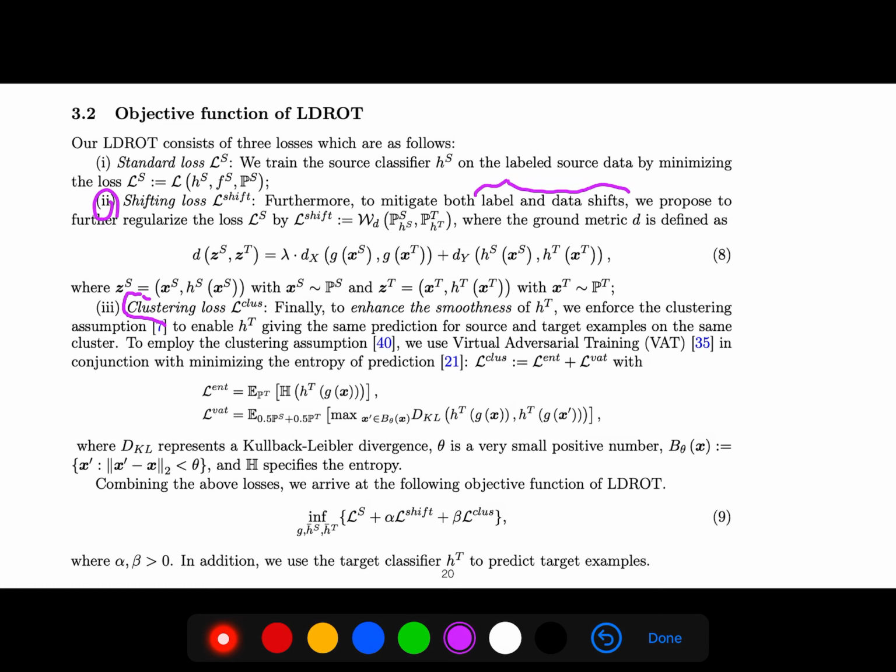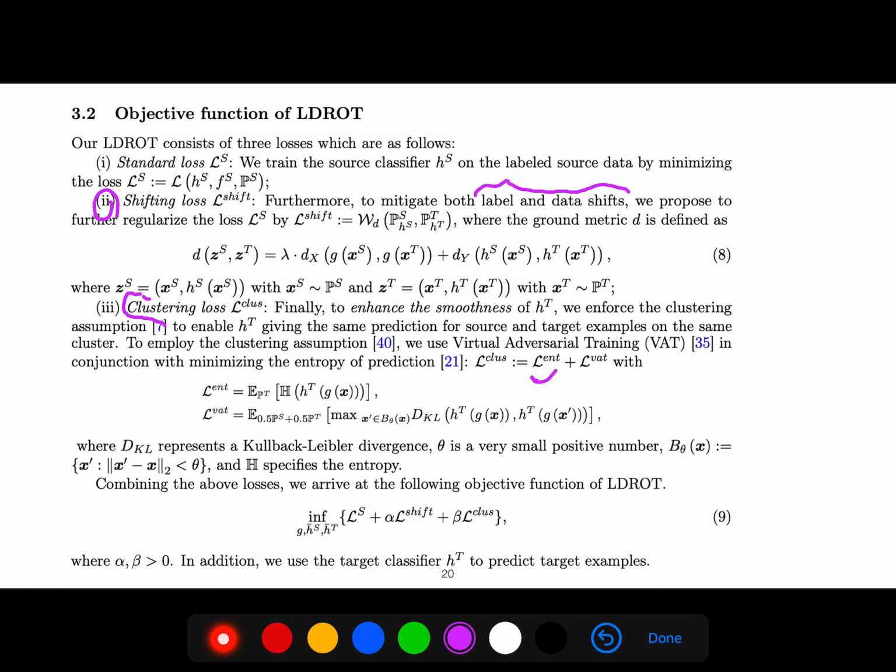Your classifier, for example. We enforce the clustering assumption to enable H sub T giving the same prediction for source and target examples on the same cluster. To employ the clustering assumption, we use virtual adversarial training in conjunction with minimizing entropy of prediction.